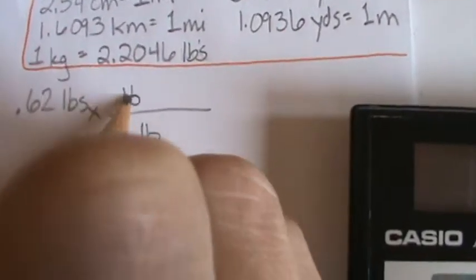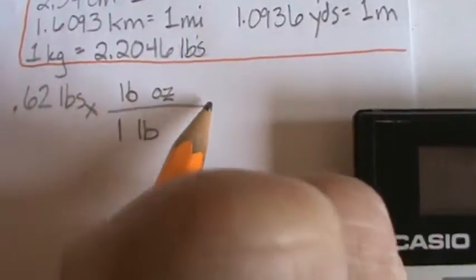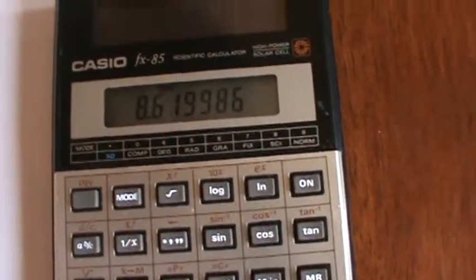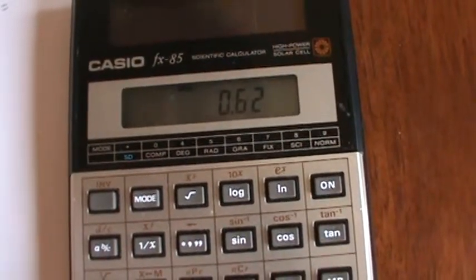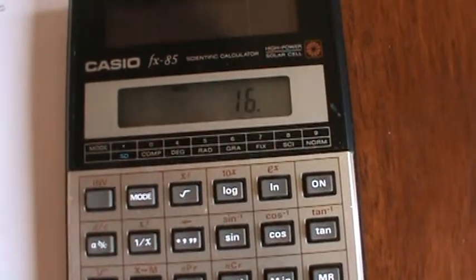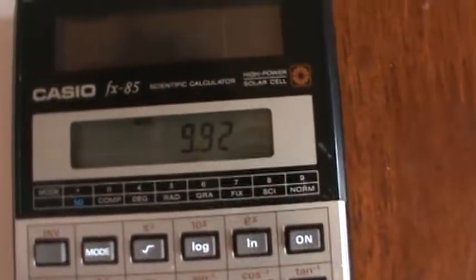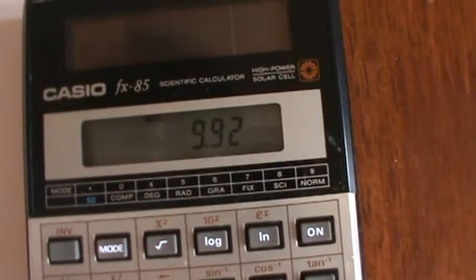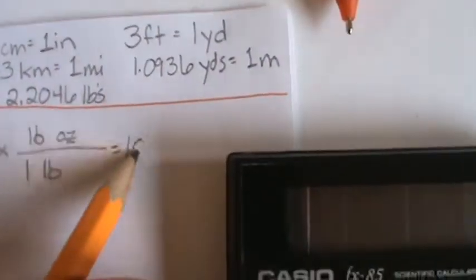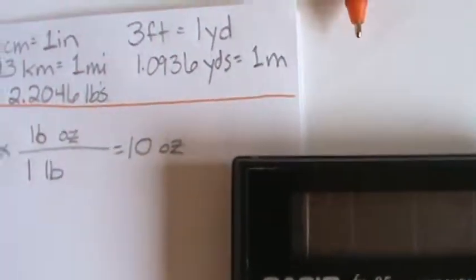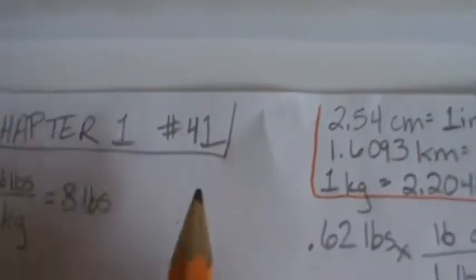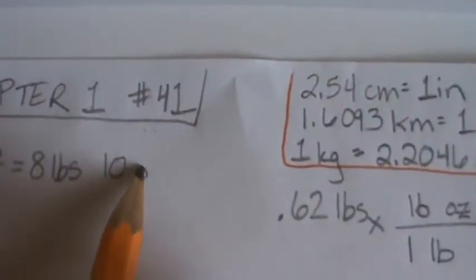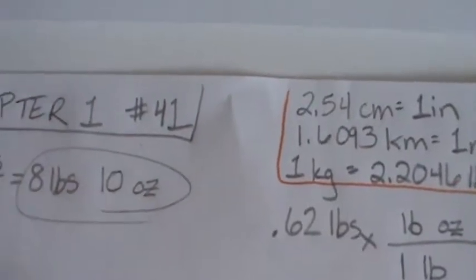So we say 0.62 times 16, and that gives us 9.92, which can be rounded to 10. We write 10 ounces. So this becomes 8 pounds 10 ounces.